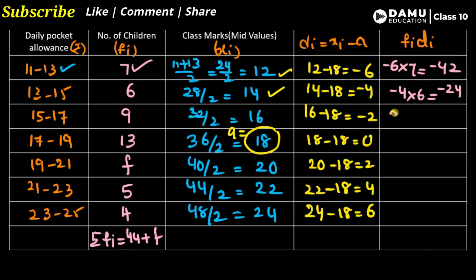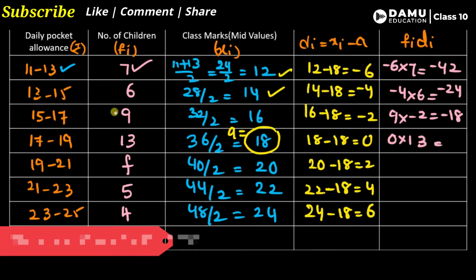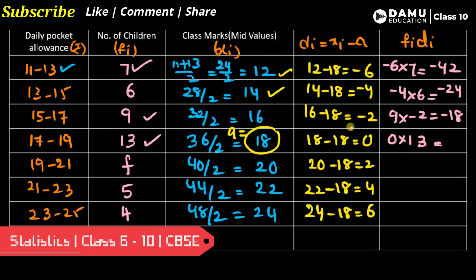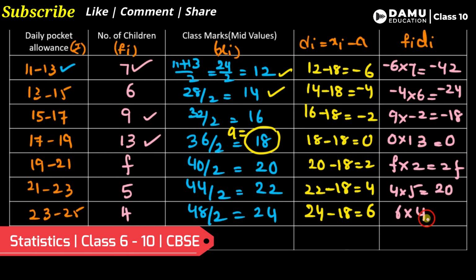Then 9 into minus 2, minus 18. Then 0 into 13, 0. Then f into 2, 2f. Then 4 into 5, 20. Then 6 into 4, 24.